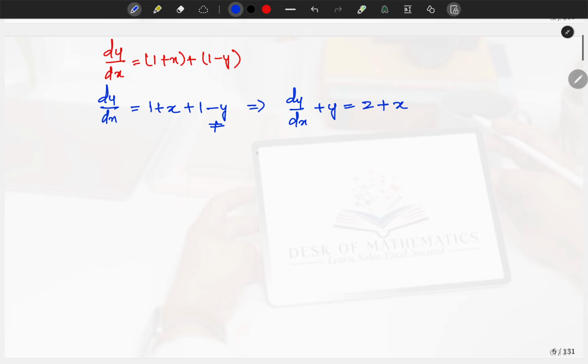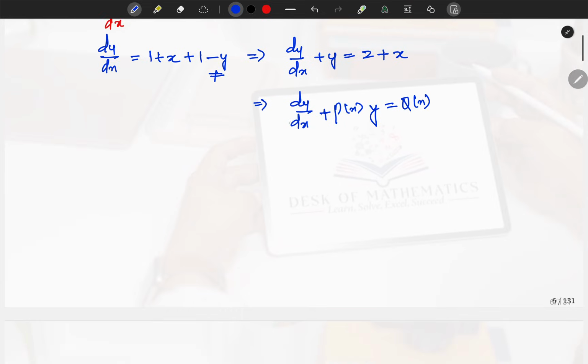Now you can check that it is in the form of dy upon dx plus p of x times y is equal to q of x. This is the linear differential equation that you call a Leibniz differential equation. What is p of x here? That is 1, and q of x is equal to 2 plus x.